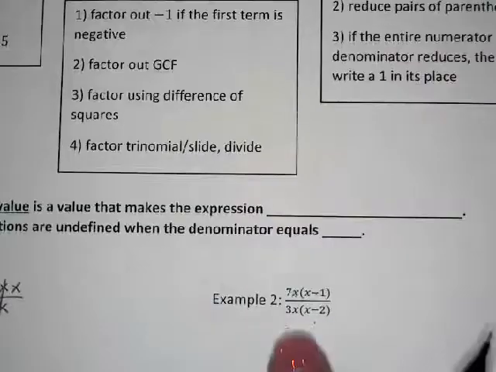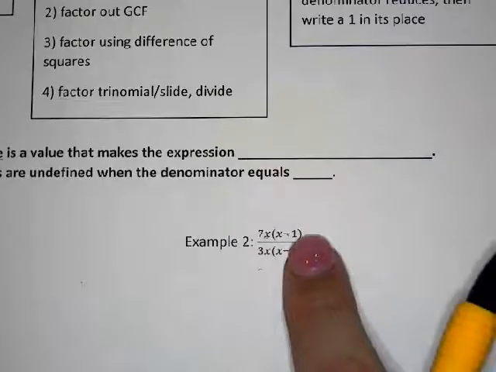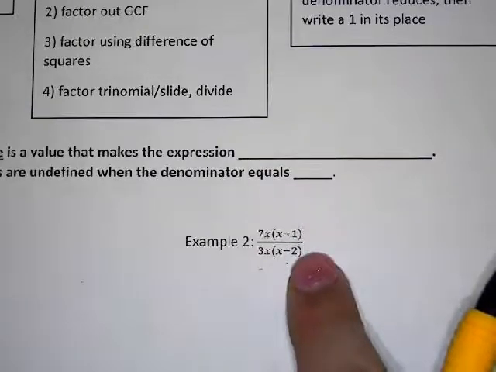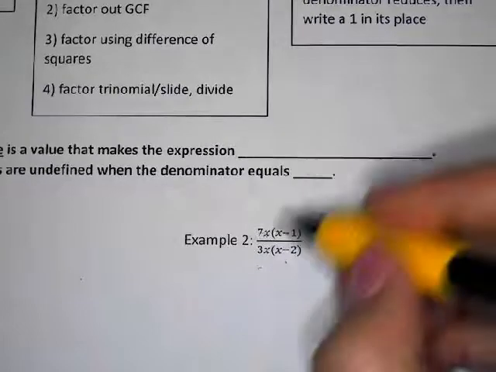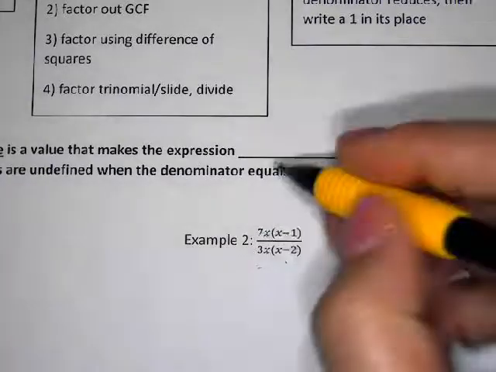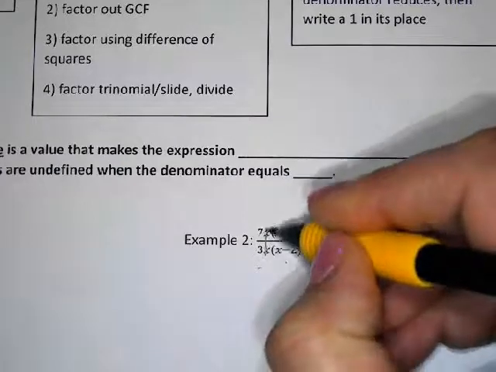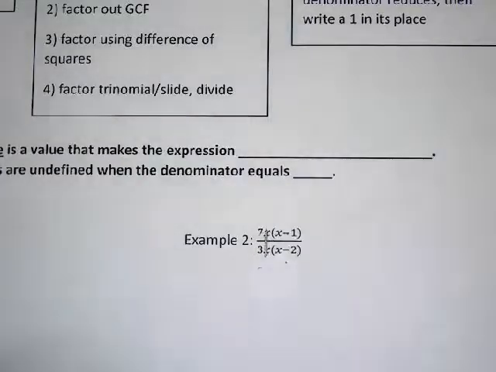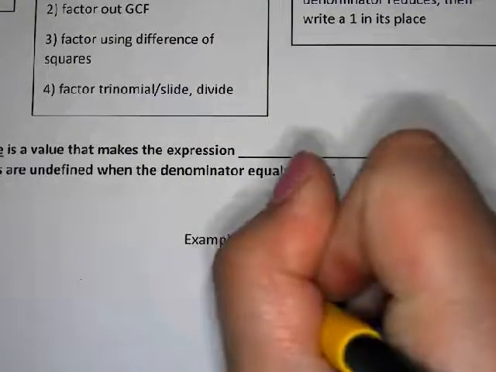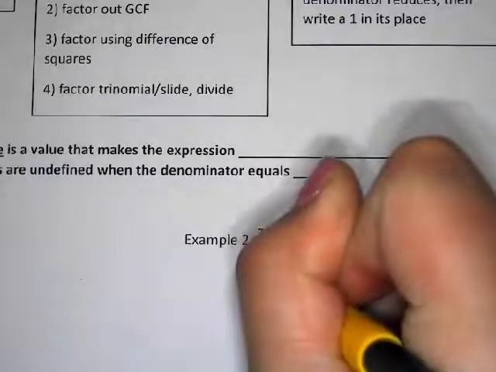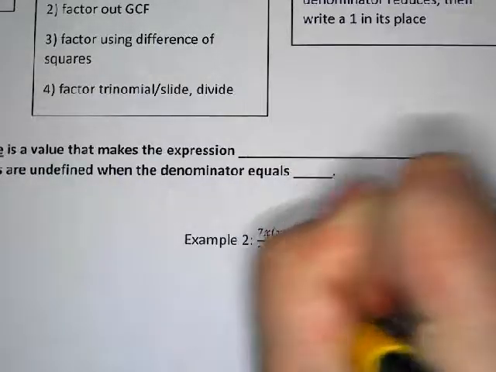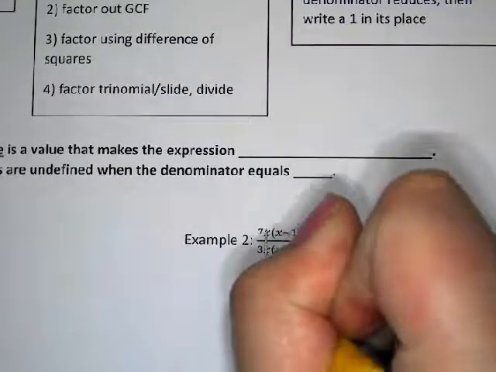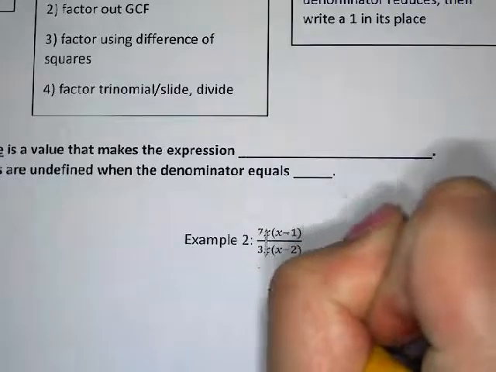So when I look here, I can see my parentheses are not the same. I have an x minus 1 and an x minus 2. Those are different. But I can see here I have an x and an x. So the 7 and the 3 are different, but the x and the x, those are the same. And then I've got 7 times x minus 1 and 3 times x minus 2.